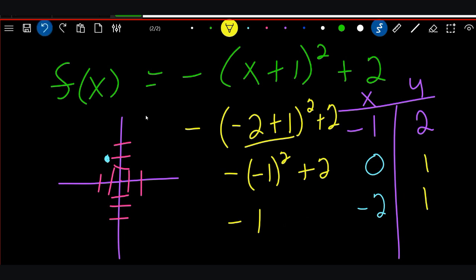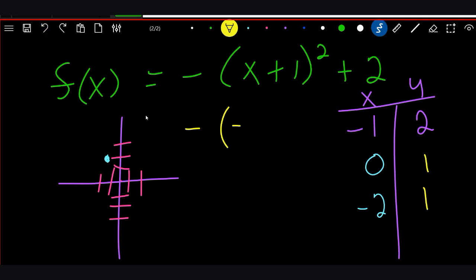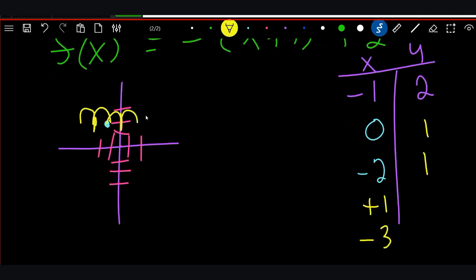It does every time. All right, now what we want to do is go back to our vertex, and we want to say, okay, so that was 1 over and 1 over. So we want to now go 2 over. So that's going to be positive 1 on the x, and that's going to be 1, 2, negative 3 on the x going that way.